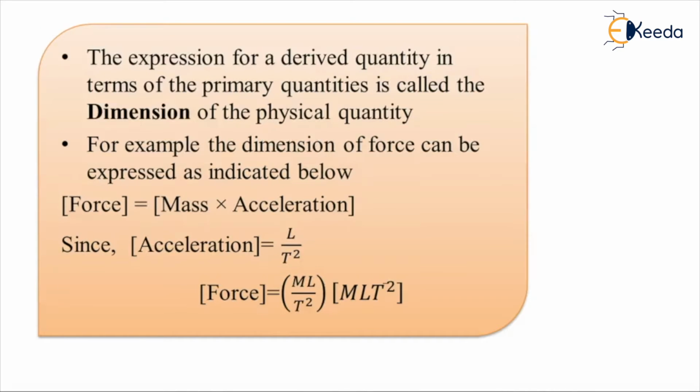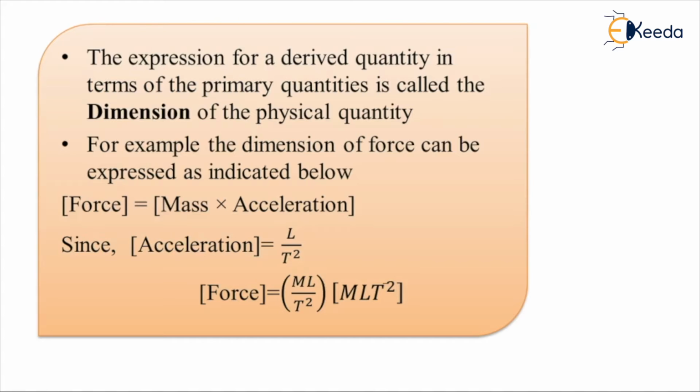The expression for a derived quantity in terms of primary quantities is called the dimension of that physical quantity. We will see an example. The dimension of force can be expressed as indicated below. What is force? As we know, force is equal to mass into acceleration.